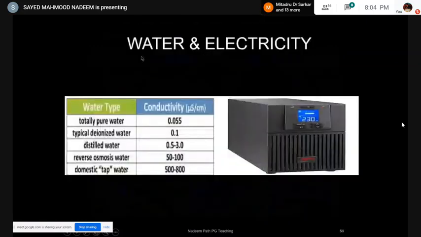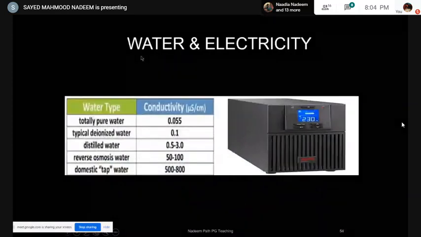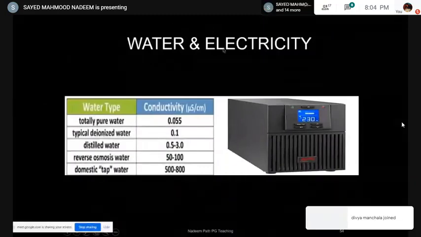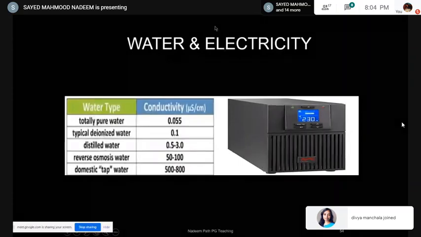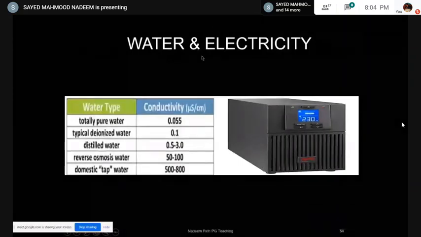This is a very important part which many people overlook: water and electricity. Water in relation to biochemistry and immunology, and electricity in relation to hematology. Nowadays, most of the random access analyzers are using direct water.